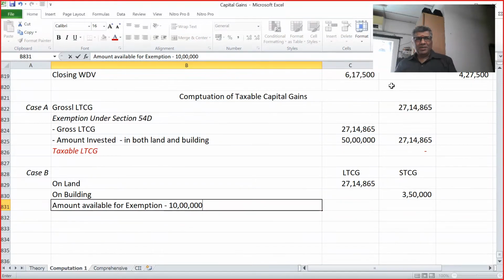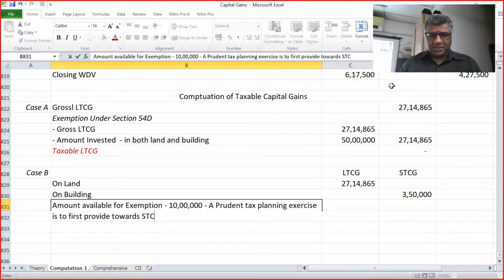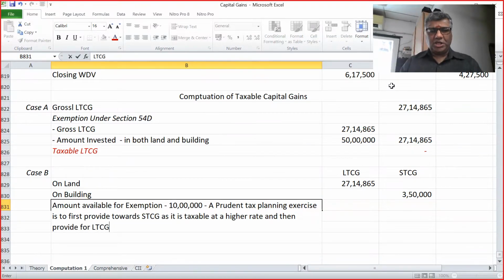As our friend has quickly said, first I should provide towards STCG. A prudent tax planning exercise is to first provide towards STCG as it is taxable at a higher rate, and then provide for LTCG.